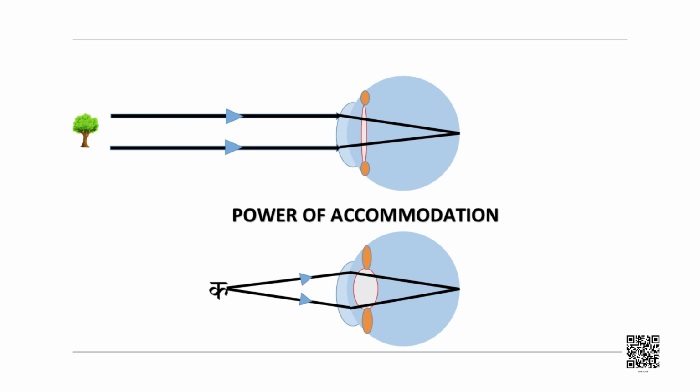This increases the curvature of the eye lens, and the eye lens then becomes thicker. Consequently, the focal length of the eye lens decreases, which enables us to see the nearby objects clearly. This ability of eye lens to adjust its focal length is called accommodation.